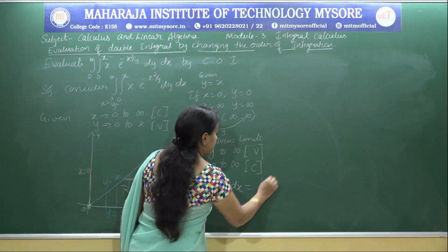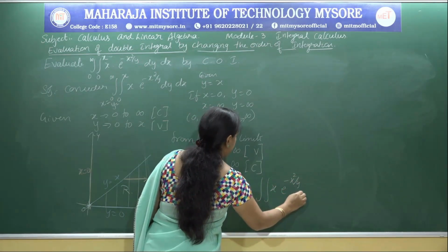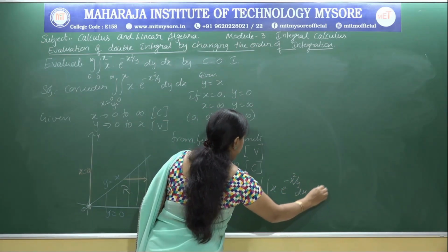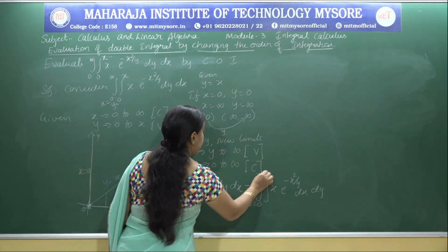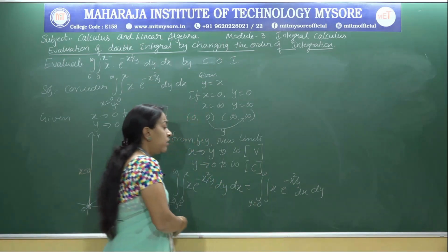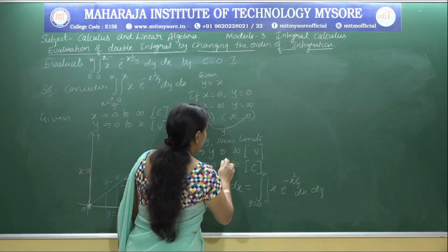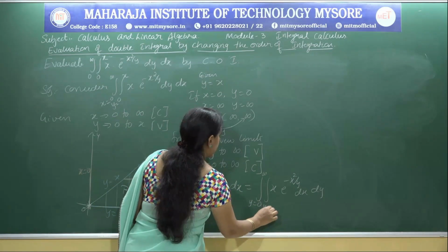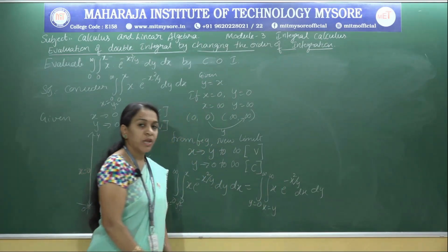The new limit is double integral of x into e power minus x square by y, dx dy, where y varies from 0 to infinity. We should know that our constant limit is always the outer integral limit, and the inner limit is the variable limit, that is x varies from y to infinity.